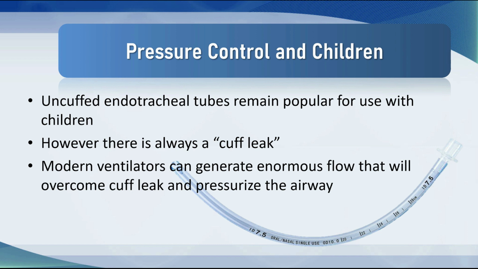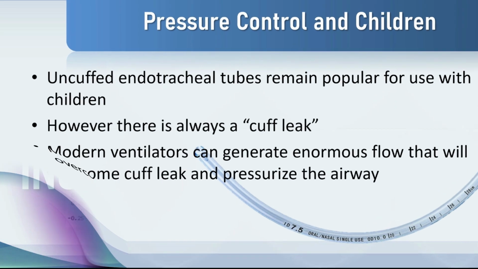If you give volume control to a child with an uncuffed tube, a lot of the tidal volume will just leak out and the exhaled tidal volume will be much lower than planned. And that's one of the real values of using pressure control. And that's why, for example, BiPAP machines use pressure support or pressure control modes, because they can overcome the leak by continuously giving pressure to the airway.